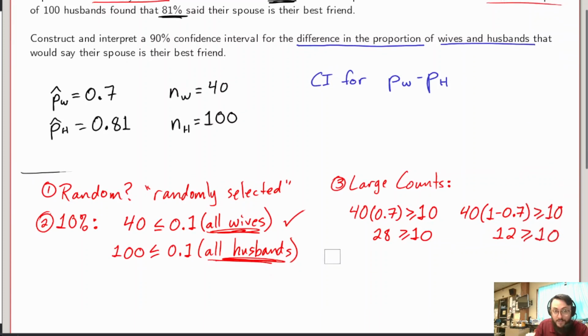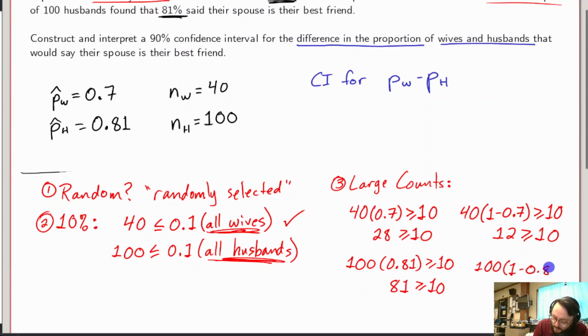Now that was just for one sample. We need to check both samples, which is not too bad. 100 times 0.81 is 81, and 81 is bigger than 10. And also 100 times 1 minus 0.81. Is that going to be bigger than 10?